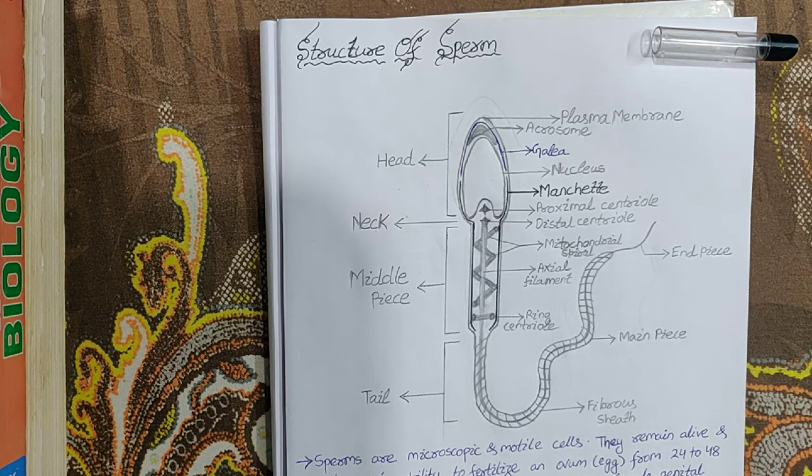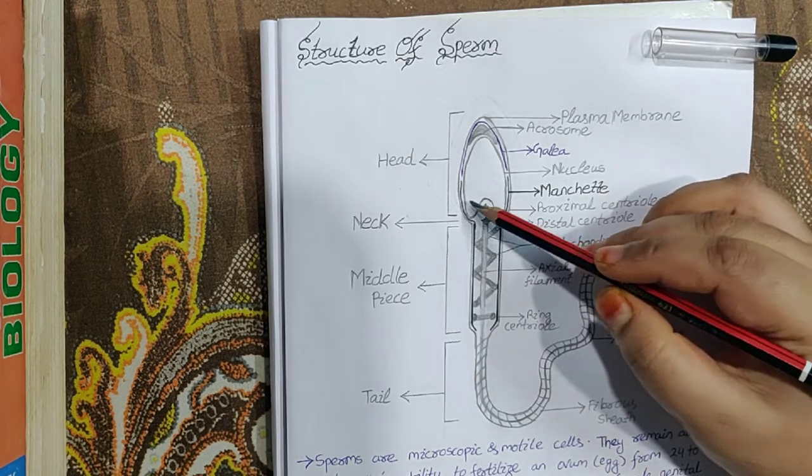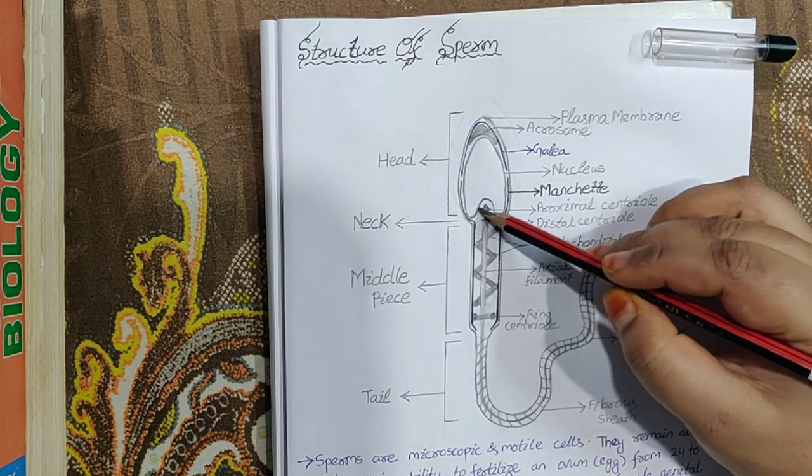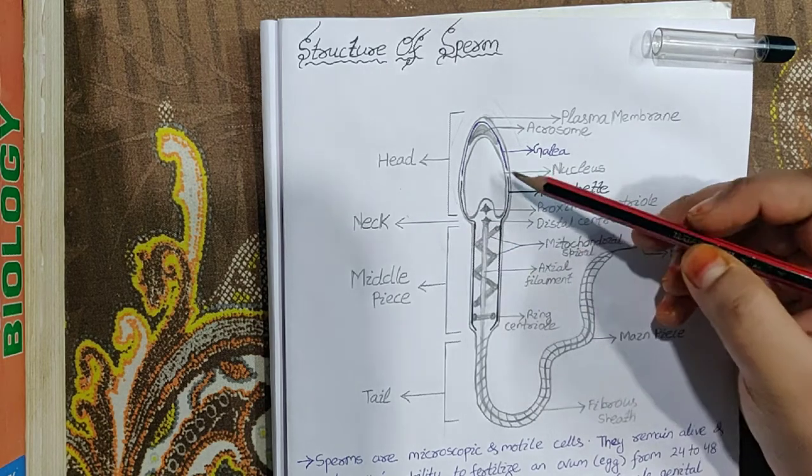Next is your neck. In the neck portion, you will see the nucleus gets depressed, the posterior part of the nucleus.